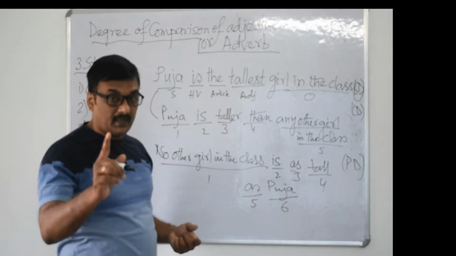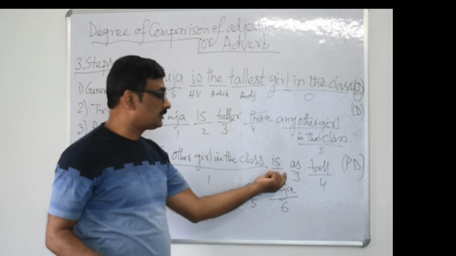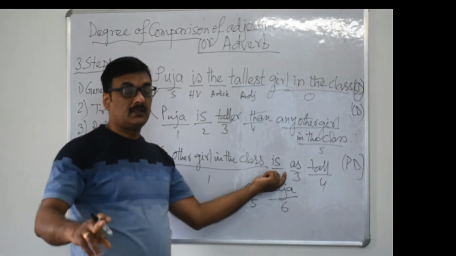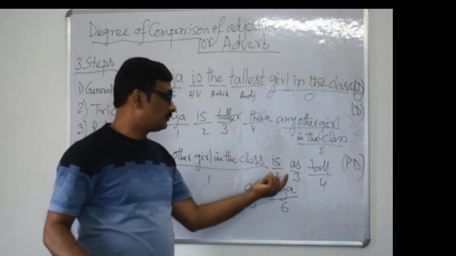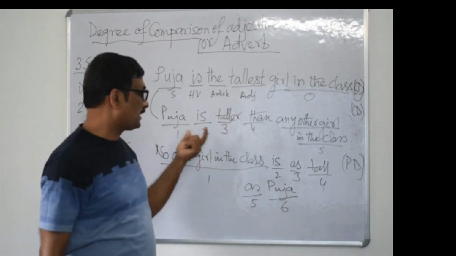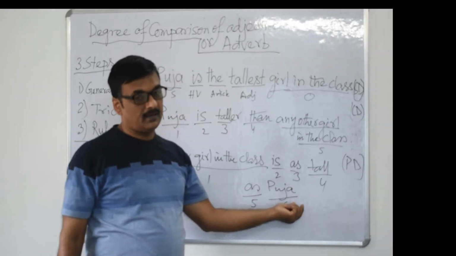Here, if the verb is different from the verb used in the sentence, then in that case the verb is to be mentioned here after the object, or after the subject comes in the positive degree as object at the end.